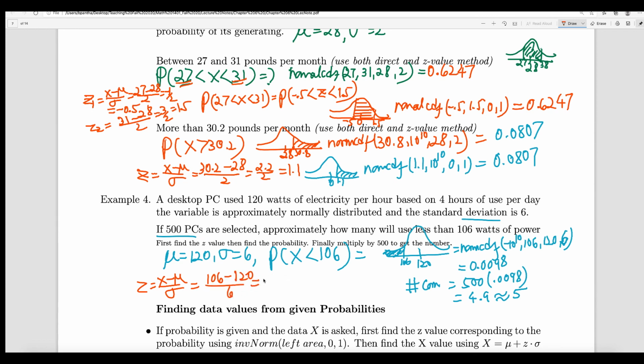Find these values and then use the probability of G less than that value. Then use normal CDF, negative 10 to the 10, the G value you get, and then 0, 1 if you want to use the G value method. All right.